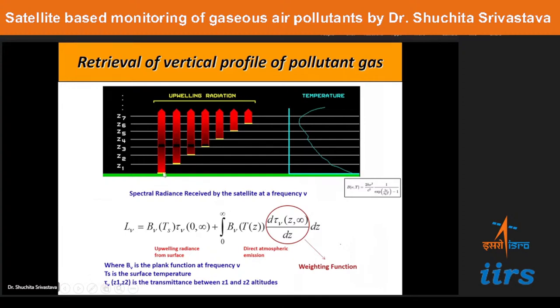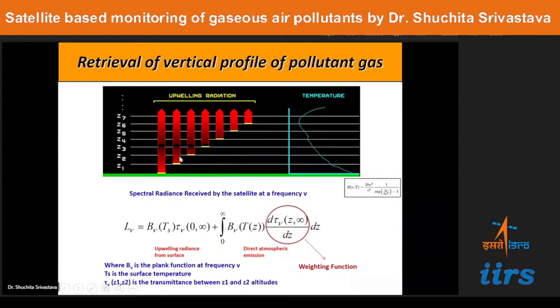Suppose our earth is emitting radiation at one particular wavelength lambda or frequency nu. That radiation will be absorbed by the overhead atmosphere, because absorbing species are present in our atmosphere.